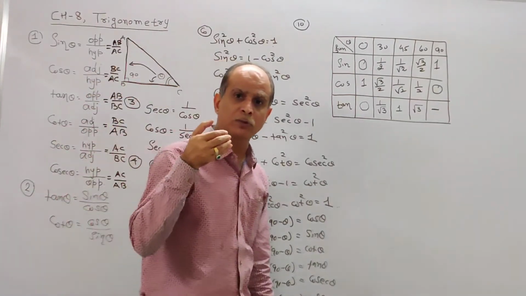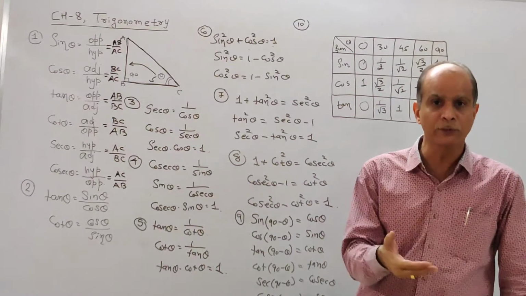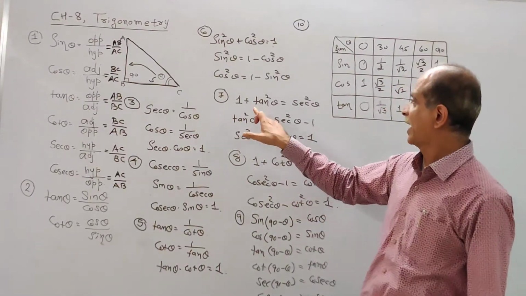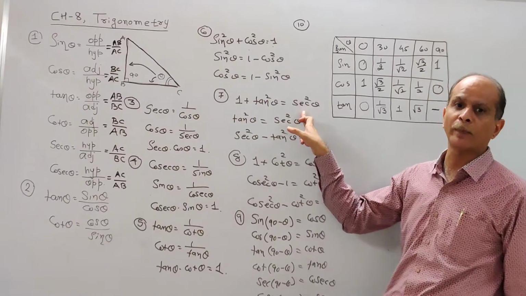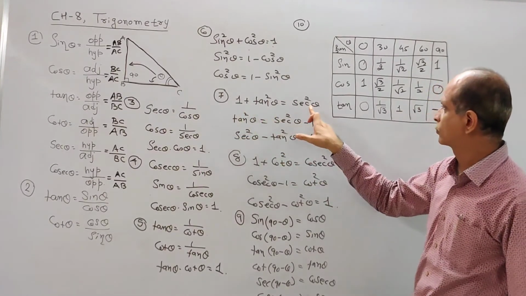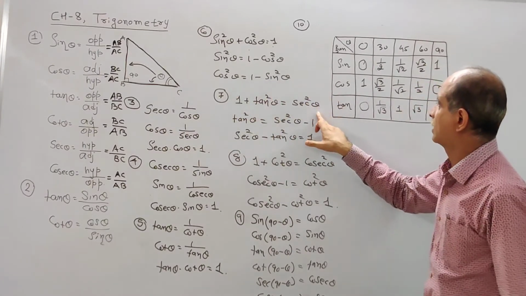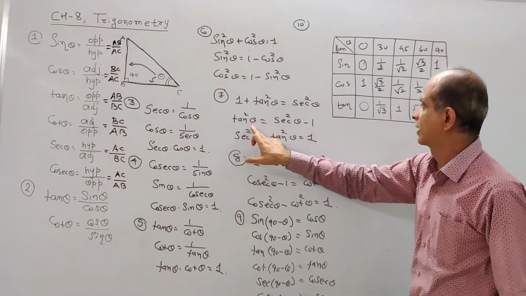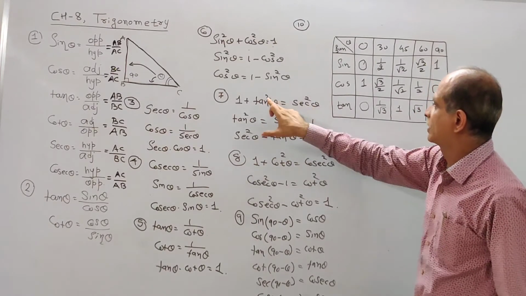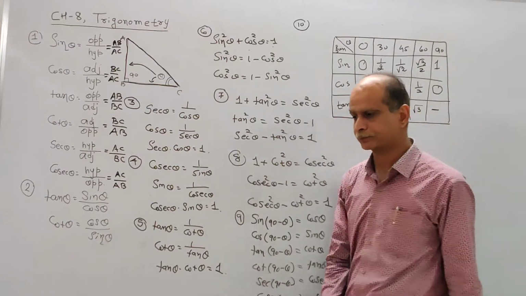So if you want to convert tan into sec or sec into tan, you have to use second fundamental identity of trigonometry, and it is 1 plus tan square theta is equal to sec square theta. So you can write sec square theta minus 1 is equal to tan square theta. Similarly, sec square theta minus tan square theta is equal to 1.